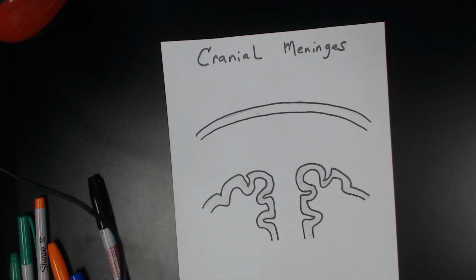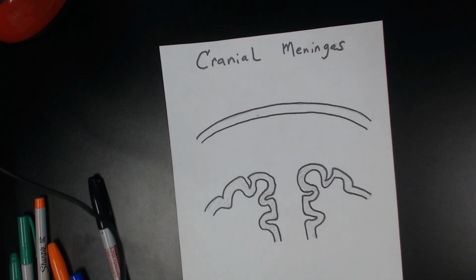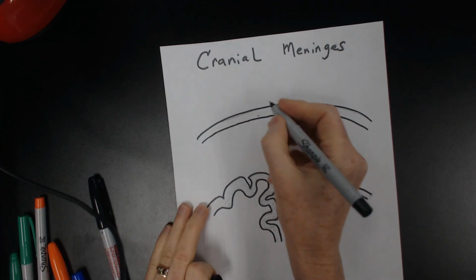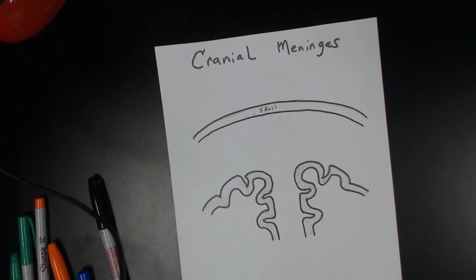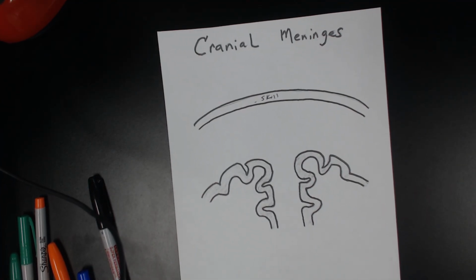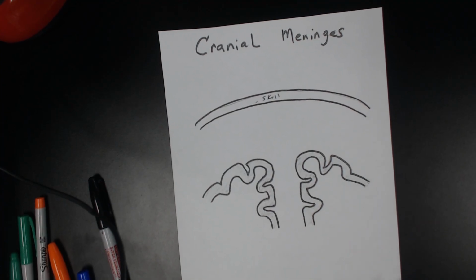Labeling this, what I've done is look at just a frontal section straight down. If you took a knife and went straight down on me, this would be a frontal section. This area right here represents the skull, and this area down here represents the cortical region of the brain.